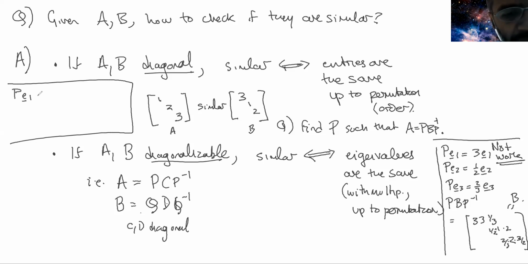P of E1 equals E2. P of E2 equals E3. And P of E3 equals E1. So that's called a permutation, because all it does is reshuffle. It just changes the order of the coordinates.